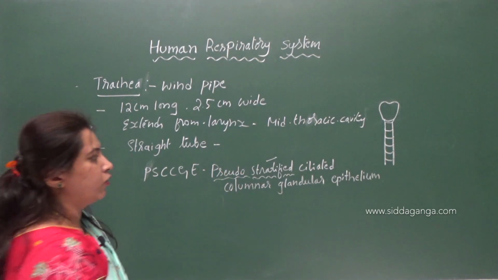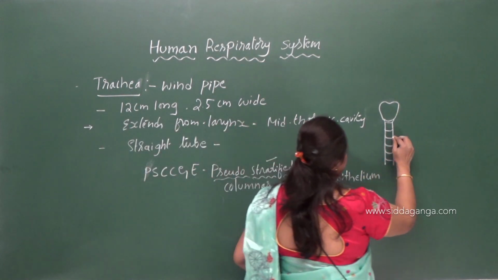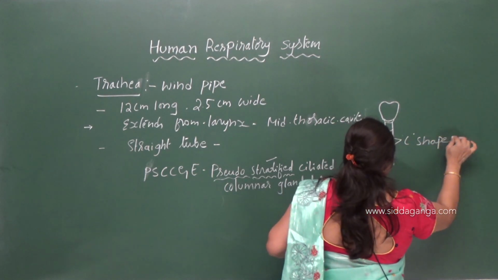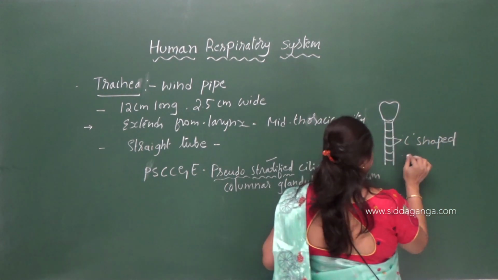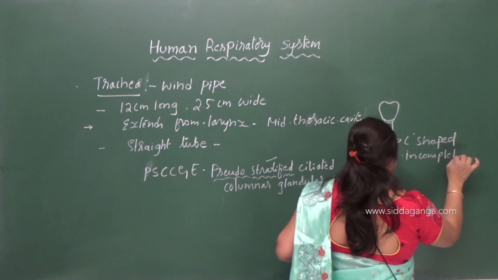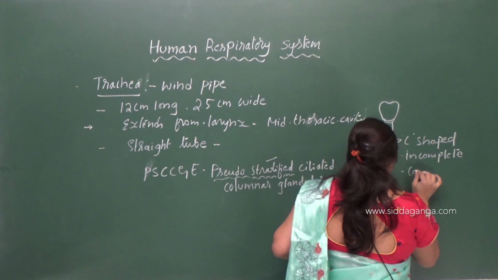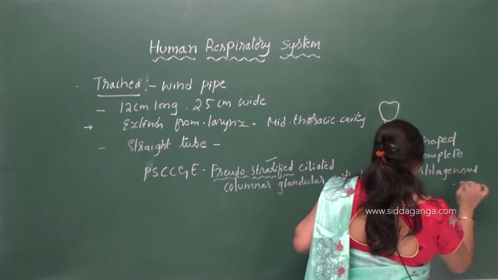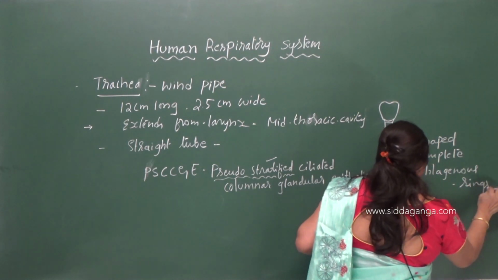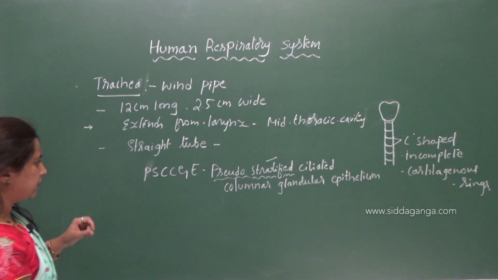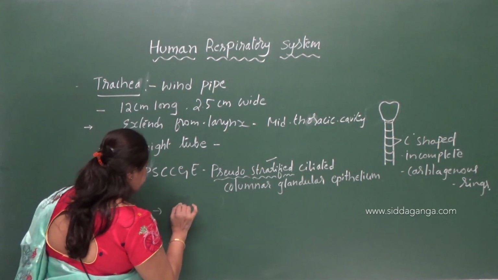So that's why these are called as what? C shaped, incomplete cartilaginous rings. So the entire length of the trachea is supported by C shaped rings.